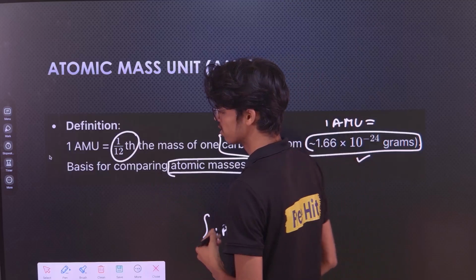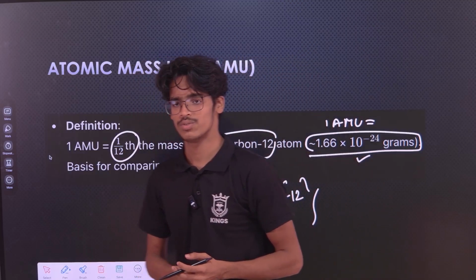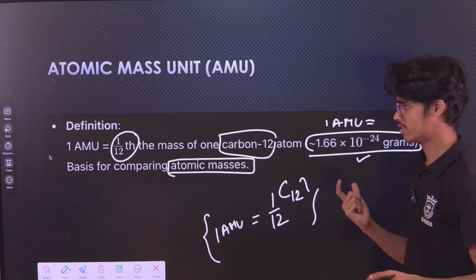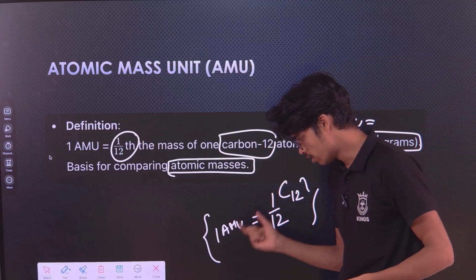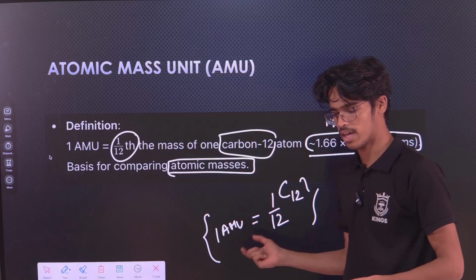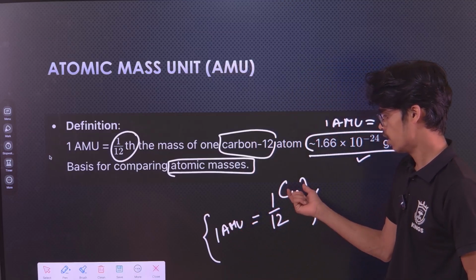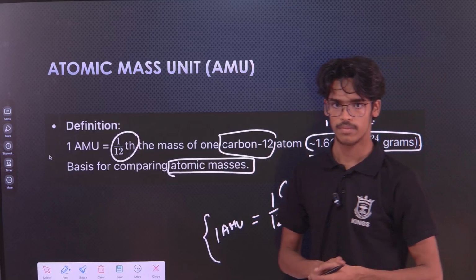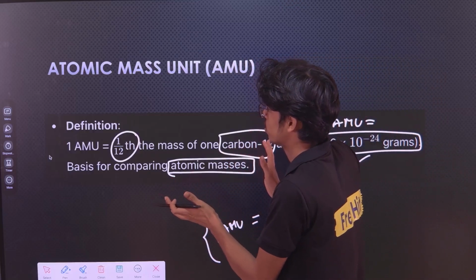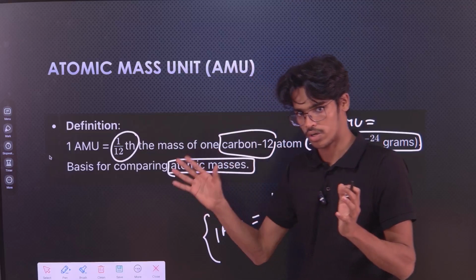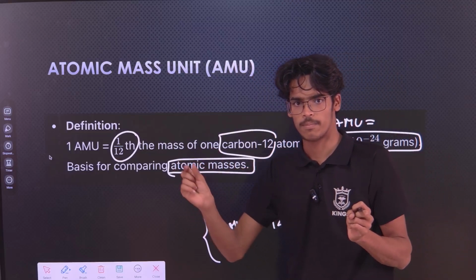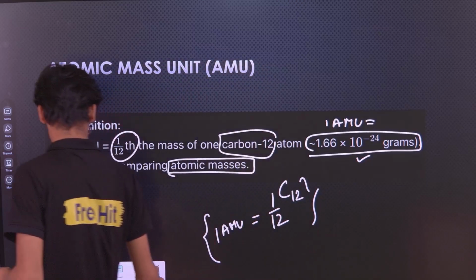Because we have very small elements, we cannot use kgs, grams. That's why we came up with the smallest unit of mass to measure the mass, that is 1 atomic mass unit, which is 1/12th the mass of 1 carbon atom. I hope we are clear with the definition of what is atomic mass unit. You got to know this is the smallest unit to measure the mass. Got it? Now let's go on to the next page.